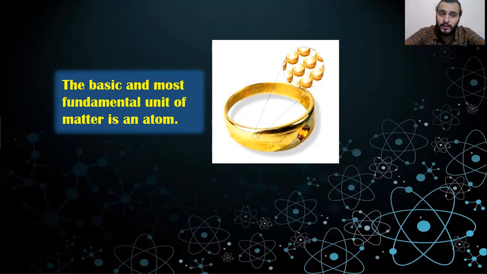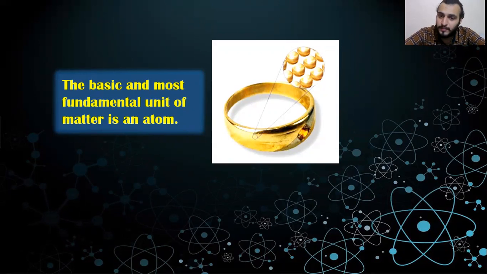So what we can say is, the basic and most fundamental unit of matter is an atom. Fundamental is something which is very simple, very easy, but it has great importance. So the basic and most fundamental unit of matter is an atom.